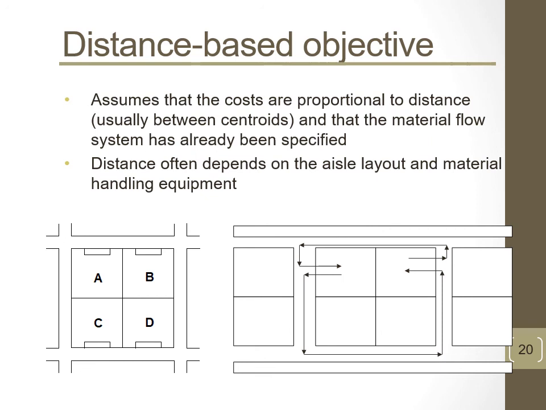So it assumes that the material handling system is already known, but in layout planning, maybe the material handling system is determined later on. So we in fact use an estimation of this cost. On the other hand, if you want to calculate the exact distances between the departments, usually it depends on the aisle layout and the material handling equipment, and also the entrances, the doors of these departments, and so on.